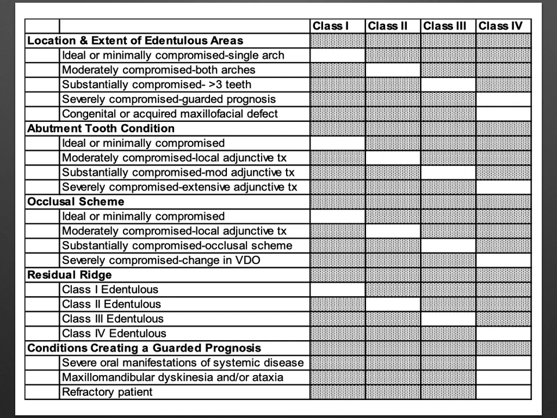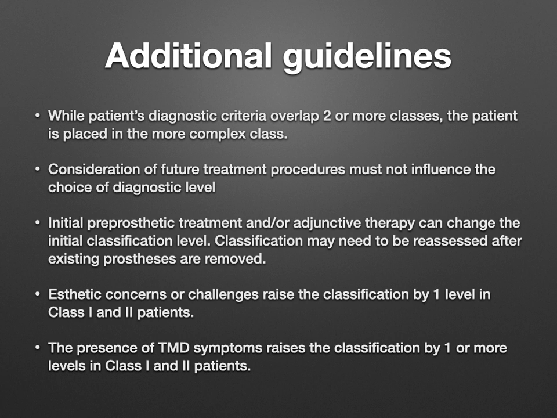So if we pile up all the criteria together, it comes up into this chart. You can use this chart to mark the patient's classification in different fields, and determine which classification the patient belongs to. Some additional guidelines here: the most important is to know that if a patient's diagnostic criteria overlap two or more classifications, then the patient will be placed in the more complex case.